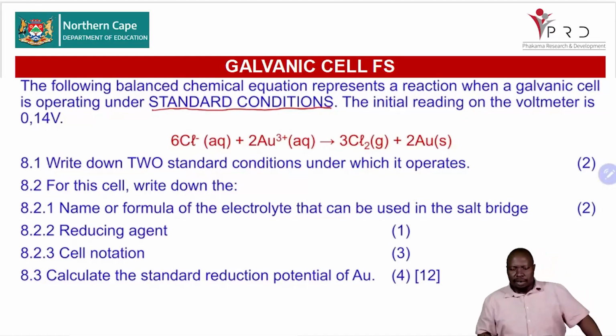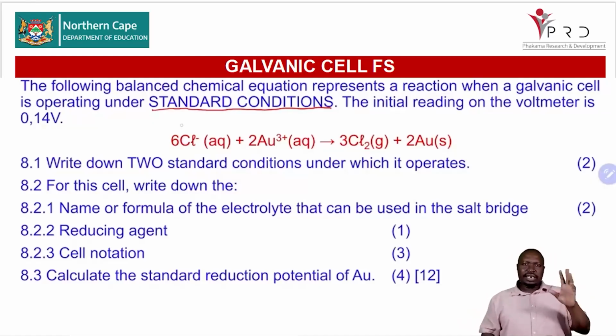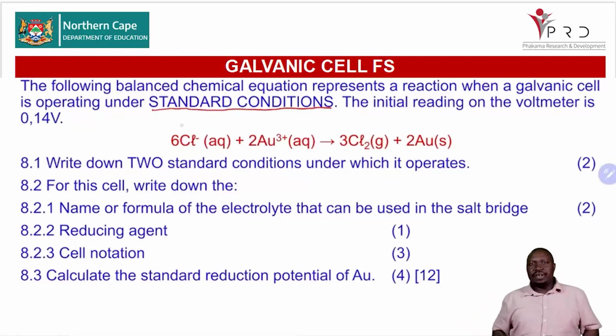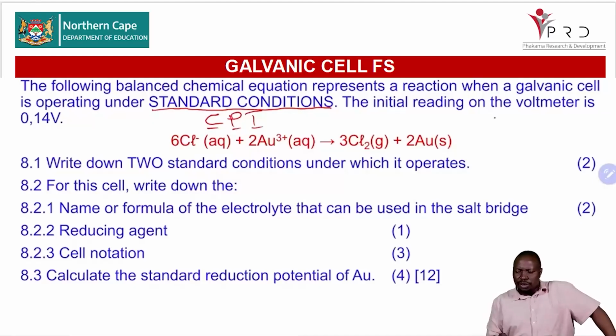When we were dealing with factors affecting equilibrium, we said there are three factors that affect chemical equilibrium, and you said it's Cape Town, it's CPT, which is concentration, pressure, and temperature. Here I want to emphasize, please don't write the conditions as concentration, pressure, and temperature.